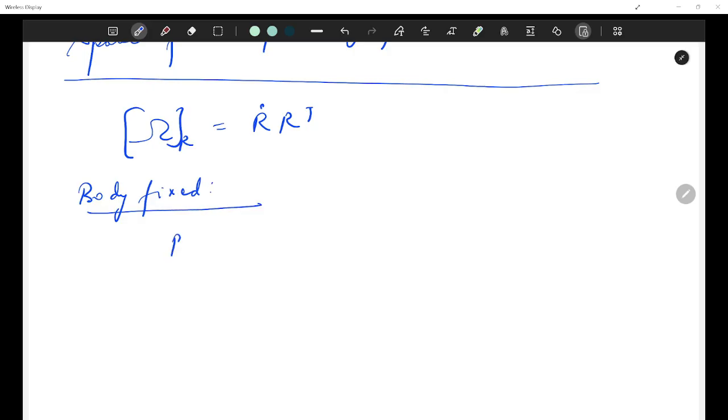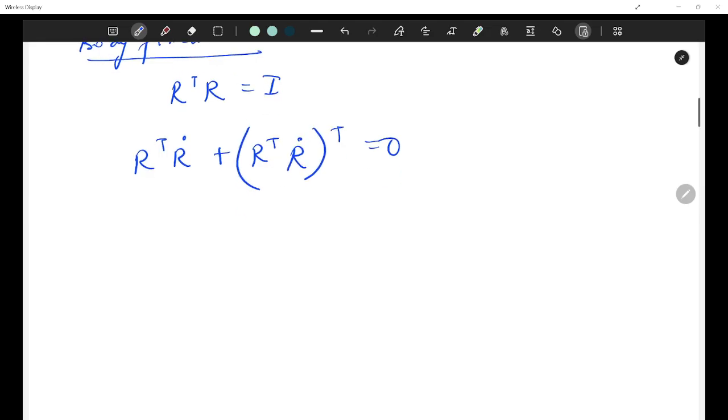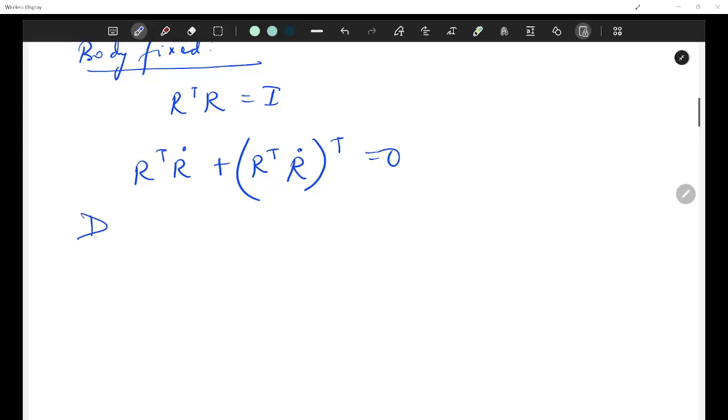we can start from R transpose R equal to identity matrix. We differentiate it. Okay, so R transpose R dot is equal to 0. We define omega b to be equal to R transpose R dot.